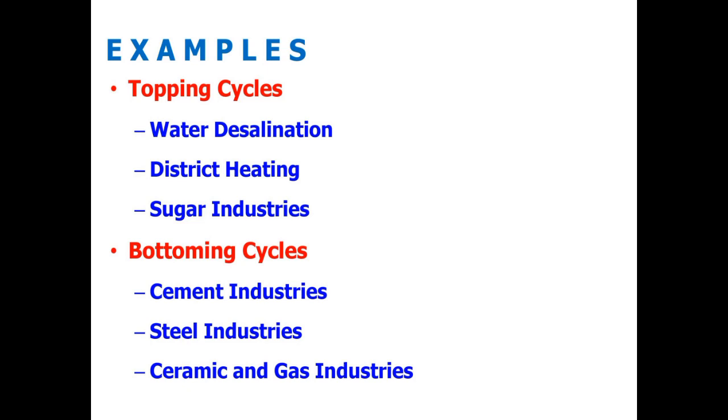And cement industry, steel industry, ceramic and glass industry, that was mistakenly typed as gas industry. In these industries we are using bottoming cycle. So in this bottoming cycle we have effective heat energy obtained.